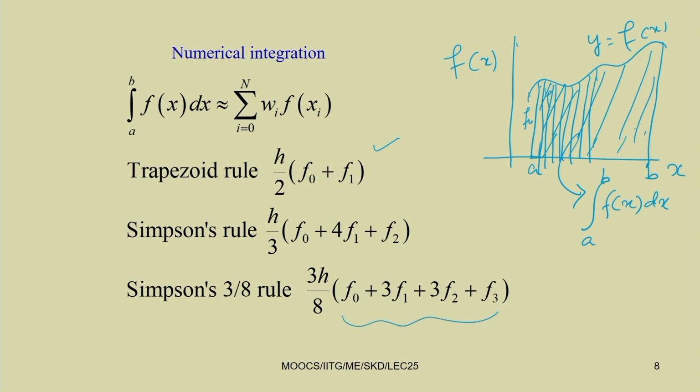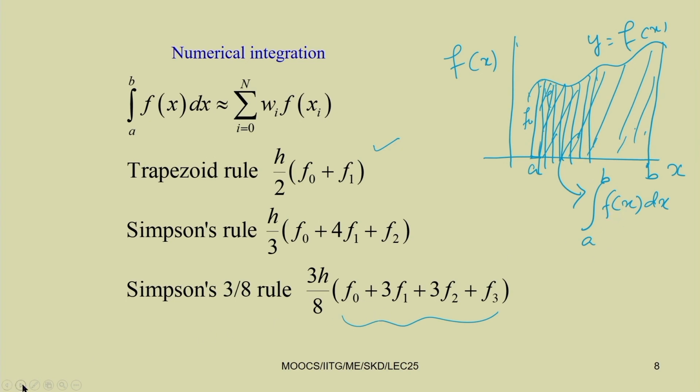This will be equal to 3h by 8 times f0 plus 3 f1 plus 3 f2 plus f3. So, at 4 different points we can find the value, and then by using Simpson's 3/8 rule we can also find the area of this entire curve. That will give the integration of f x dx from a to b.